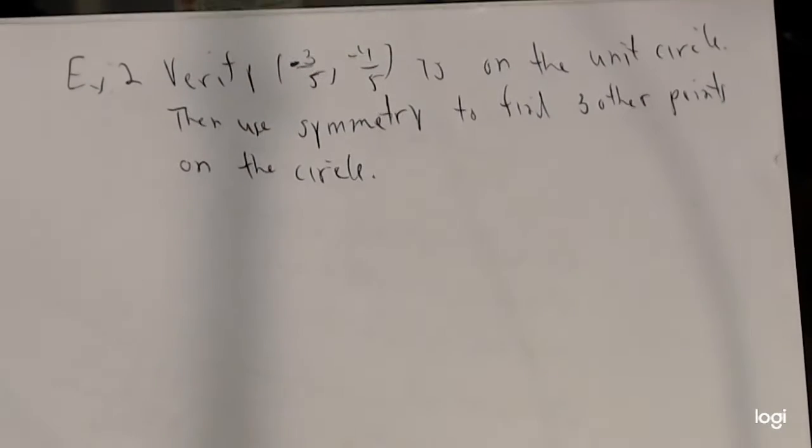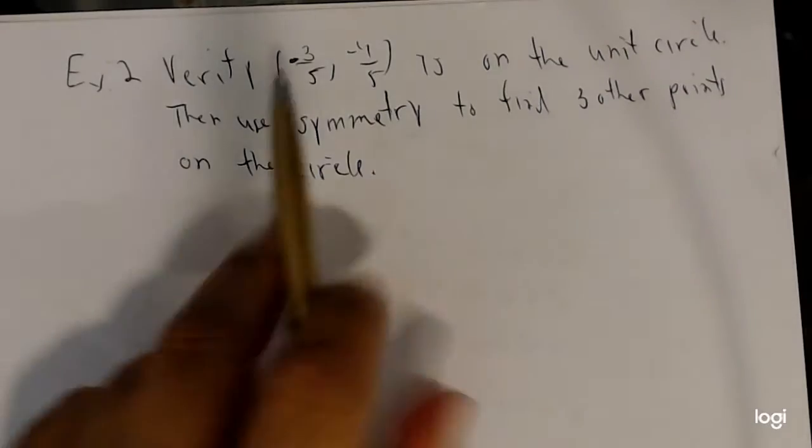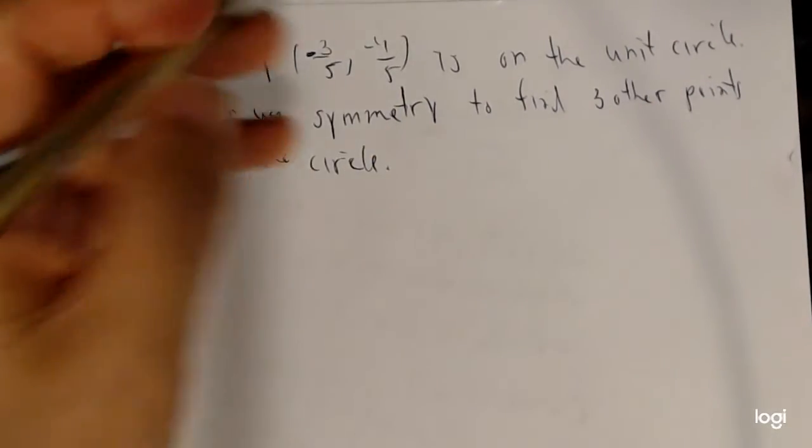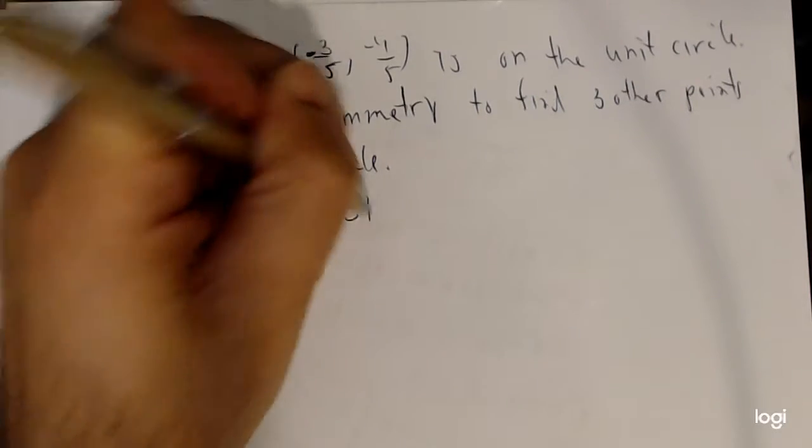Okay, so this is actually going to be pretty straightforward, because I think what we're going to do first is show that this point is on the unit circle, and if it's on the unit circle, what does that mean? This equation, x squared plus y squared, has to equal 1, right?